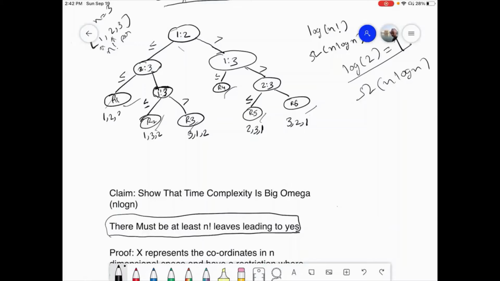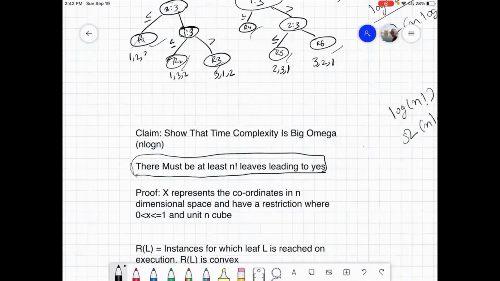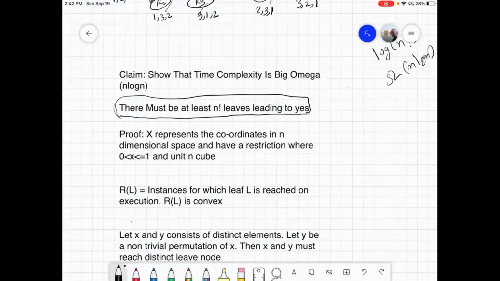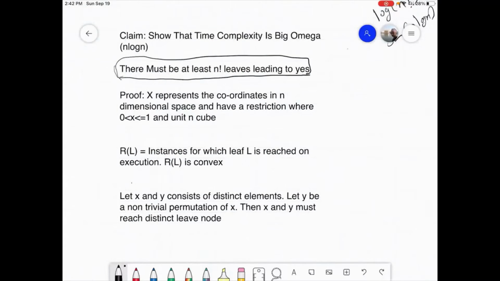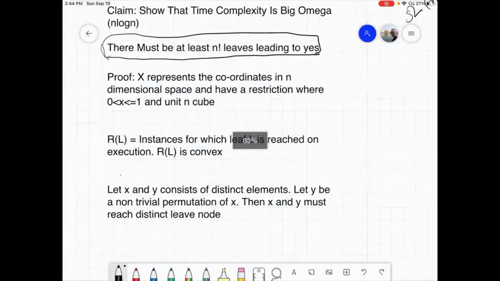If we prove this claim, then similar to the decision tree model, our lower bound is going to be log of n factorial, and it's going to lead us to omega of n log n. So in order to prove this claim, that there exists a tree with n factorial leaves, all of them yes, our proof is as follows.